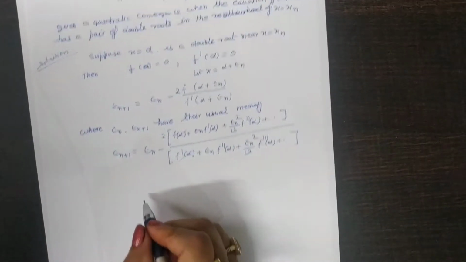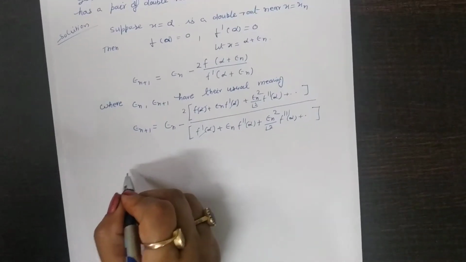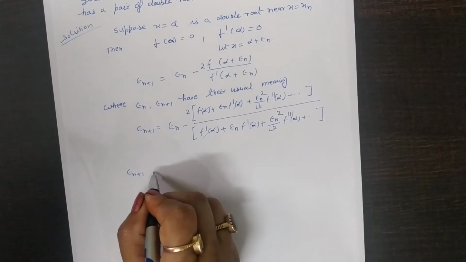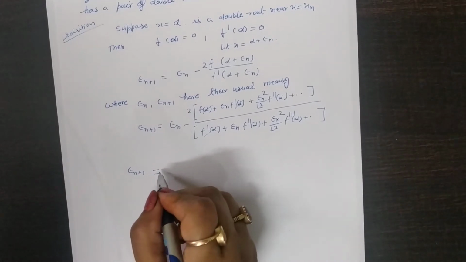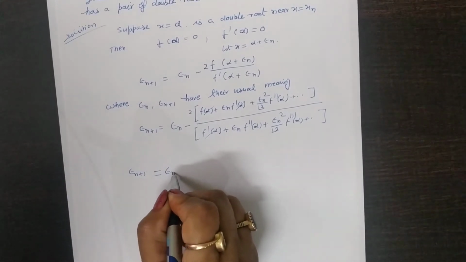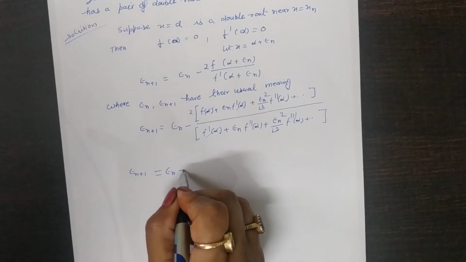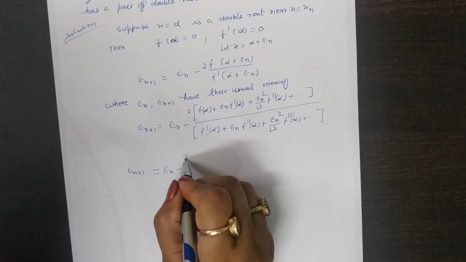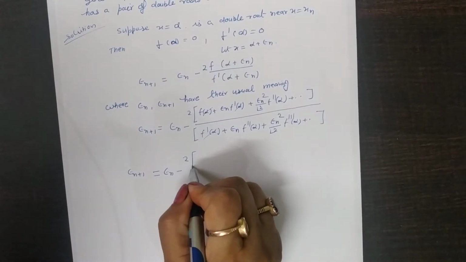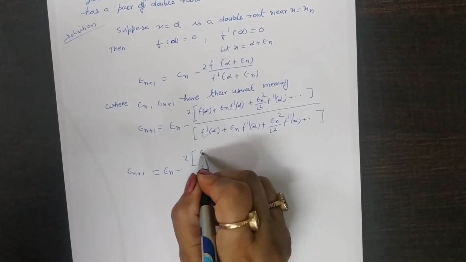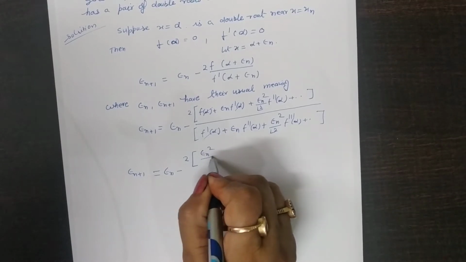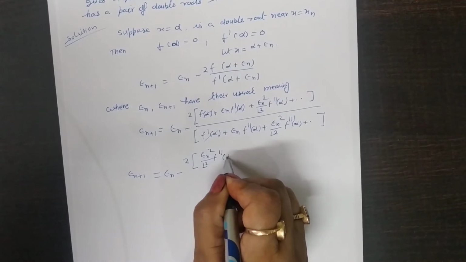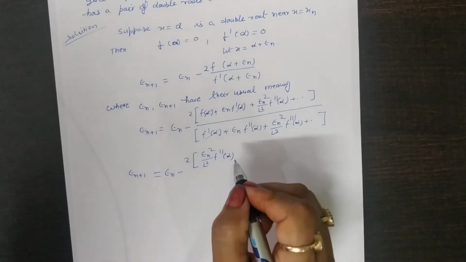Yes, so you get epsilon(n+1) is equal to epsilon(n) minus, and in the numerator you get 2 times epsilon(n) squared by factorial 2 f''(alpha), plus so on.